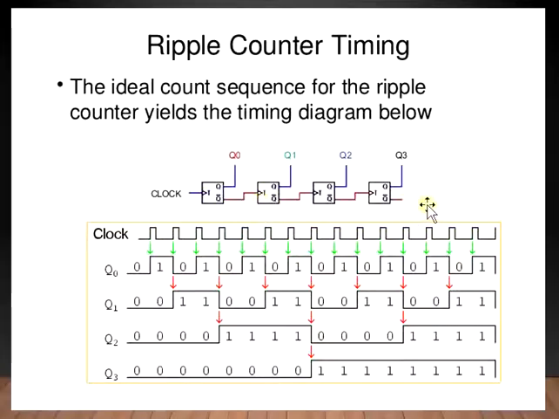If I consider this as F1, F2, F3 and F4, F2, F3 and F4 are connected to the Q bar of the previous flip-flops, and these flip-flops change the state on 1 to 0 transition of the Q output, which corresponds to 0 to 1 transition of the Q bar output.